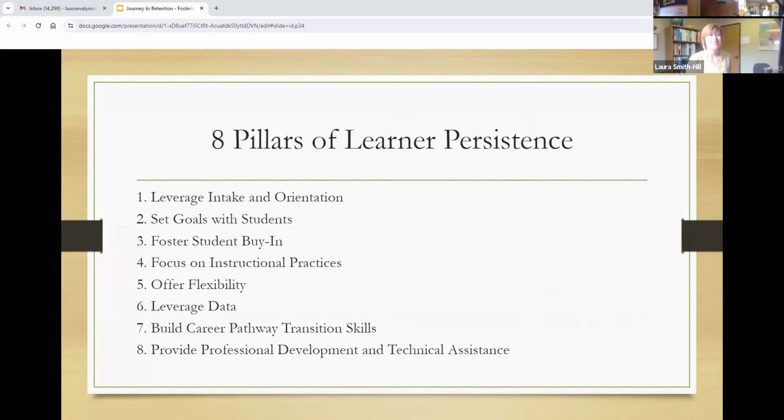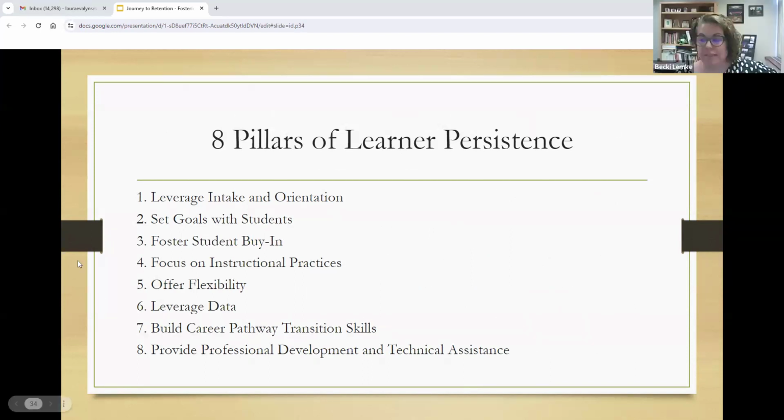And Becky, do you want to say anything about the topics of the next T3? The next T3, we're going to be looking at flexibility. And I was actually just working on that earlier today. I'm very excited about it. And I know that you're all going to have amazing input on the ways that we can be flexible in order to help our students persist.